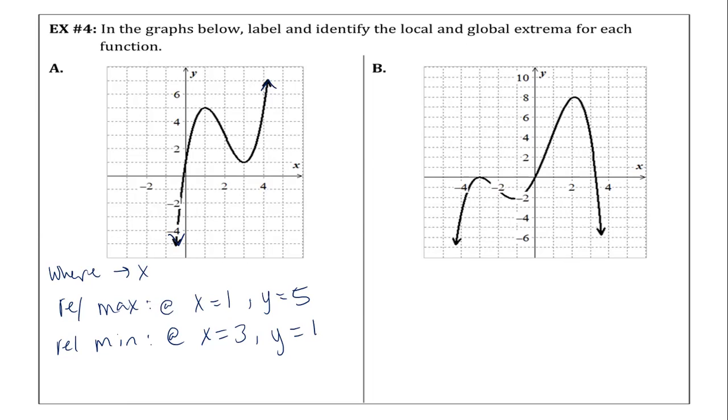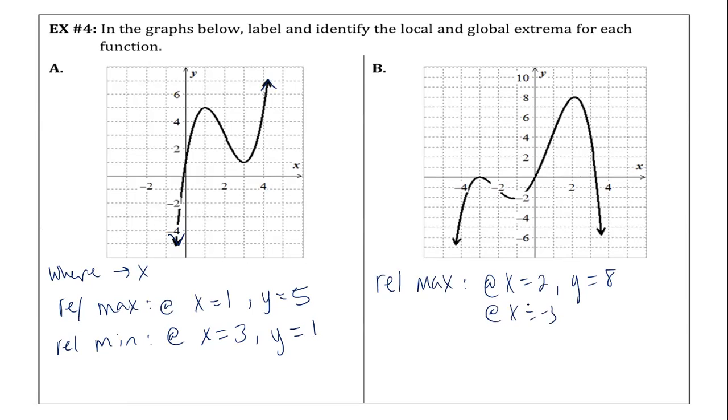Moving on to B. What are my relative max? At x equals 2, and we're up, and y equals 8. Where else?